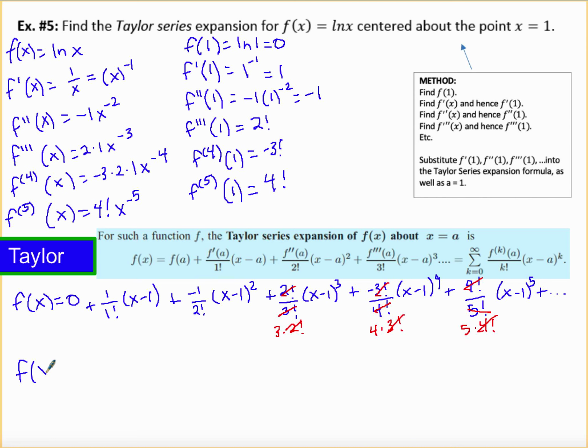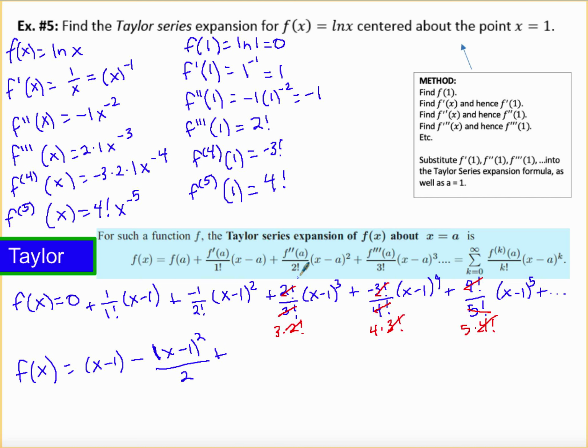So I've got f of x is equal to 0, I don't need to write that again. 1 divided by 1 factorial is 1. So I got x minus 1 to the first. Minus 1 divided by 2 factorial. So let's just say 1 is multiplied to the front here. I got x minus 1 squared, and 2 factorial is 2.